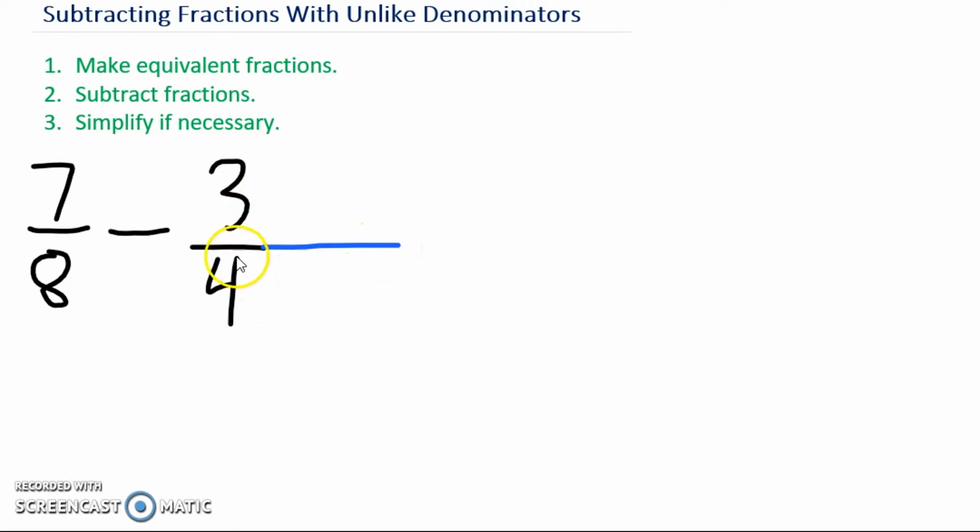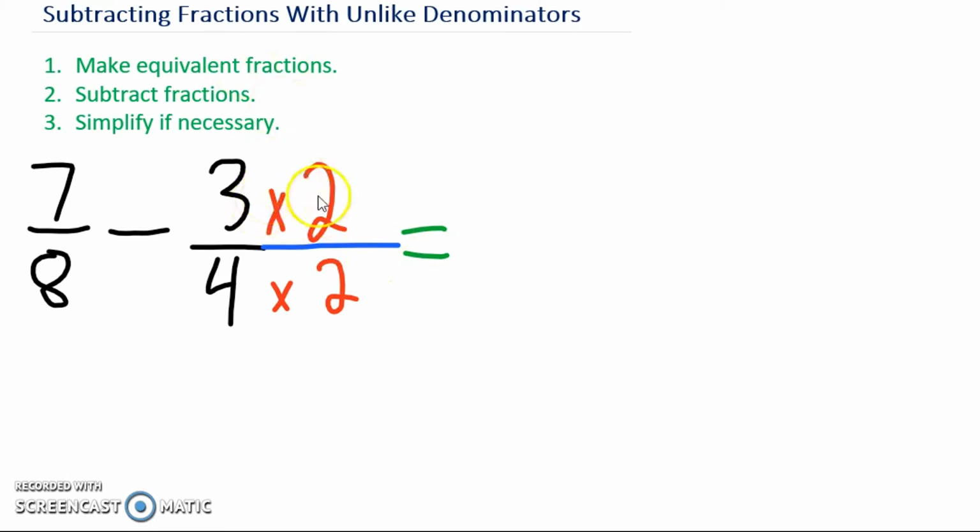If we multiply the denominator by 2, we'll have the denominator as 8, which is the denominator for 7/8, which will make these two fractions equivalent. And whatever we do to the bottom, we'll do to the top. So if we multiply the denominator by 2, we're going to multiply the numerator by 2 as well.